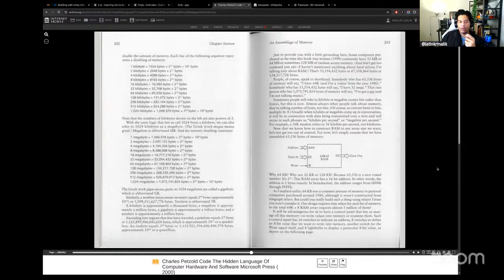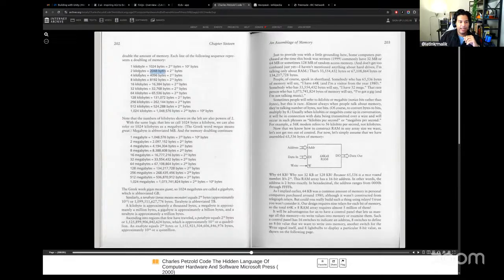So each line of the following sequence represents a doubling of memory. In this case, 1 kilobyte is 1024 bytes, or 2 raised to the power 10 bytes. Now if I increase my address value by 1, it doubles the amount of storage, because it adds a power of 2, 2 raised to the power 11.